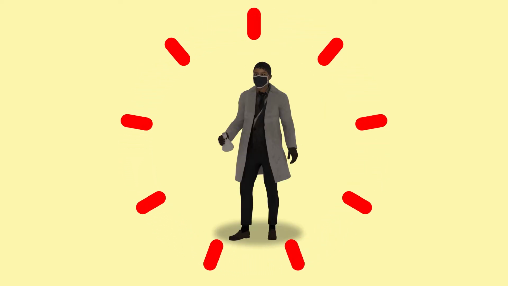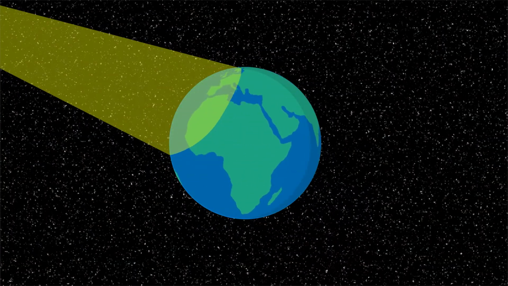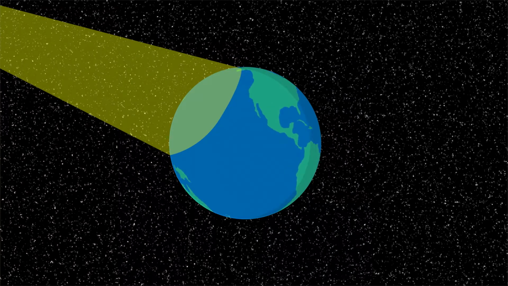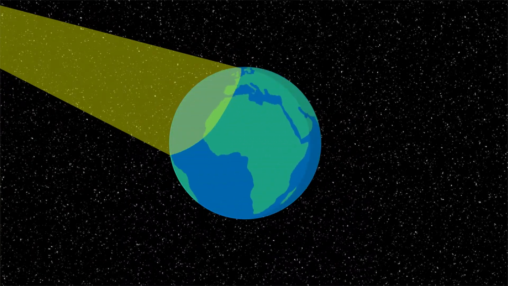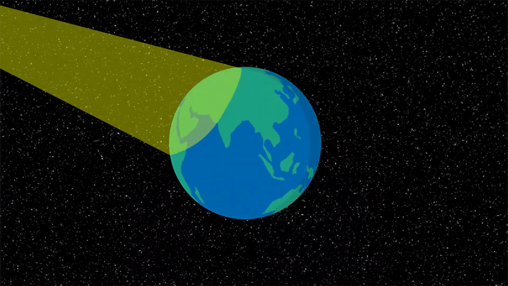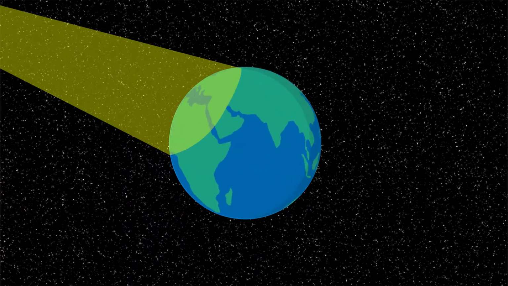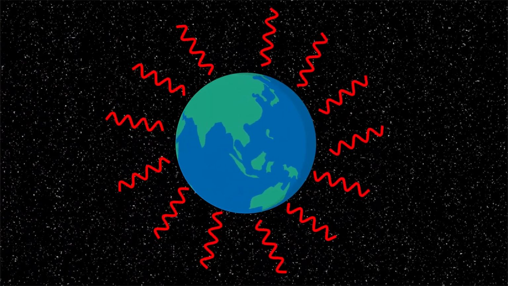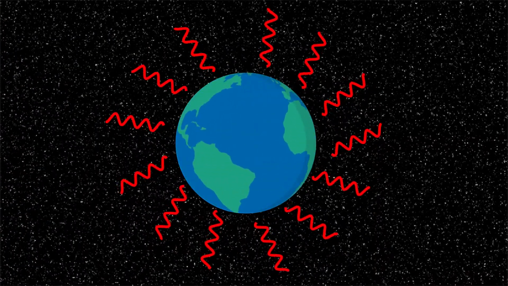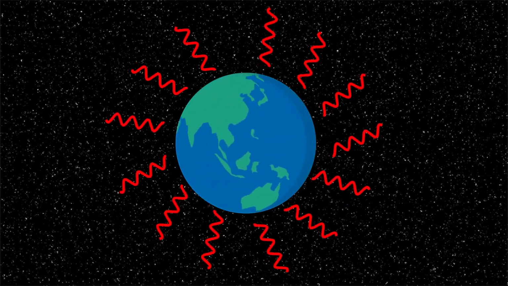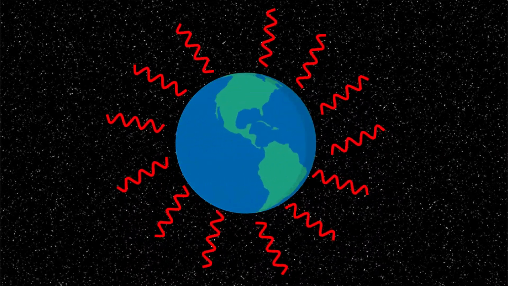all bodies emit energy in the form of electromagnetic radiation. As previously mentioned, the energy that travels to Earth from the Sun in the form of light is indeed a form of electromagnetic radiation. Another common form of electromagnetic radiation is heat. Did you know that the reason we feel heat from a coffee even through a cup is because of electromagnetic radiation?